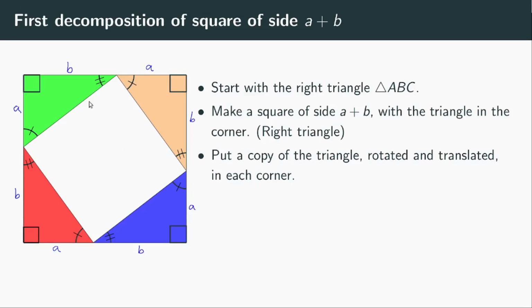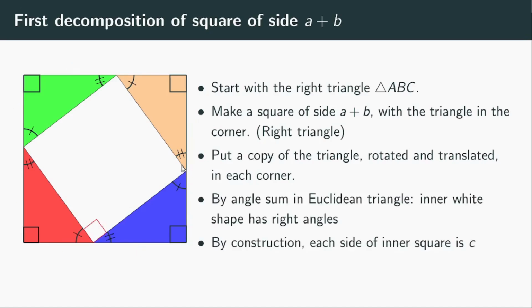Now let's look at this white shape in the middle. Here's the little bit of magic. By the angle sum in Euclidean triangles, the angle labeled with one tick mark and the one with two tick marks, together with the right angle, have to add up to 180 degrees, which means that the one tick mark and the two tick mark angles add up to 90 degrees.